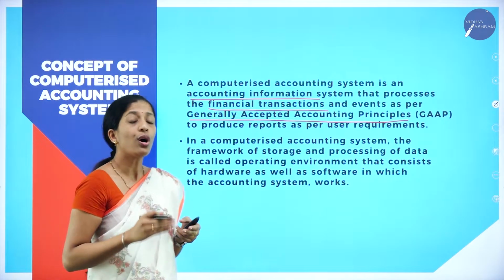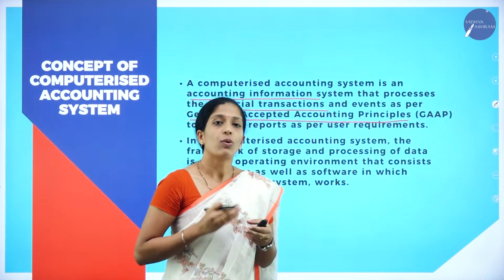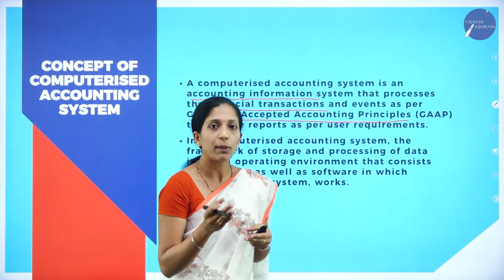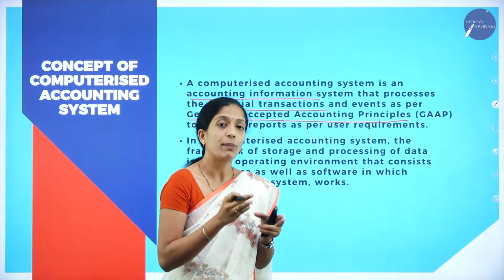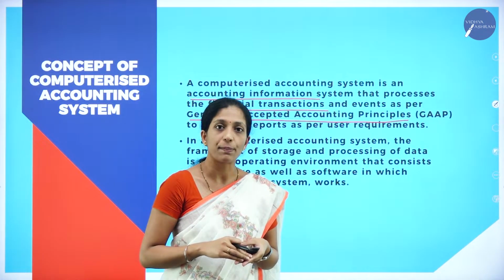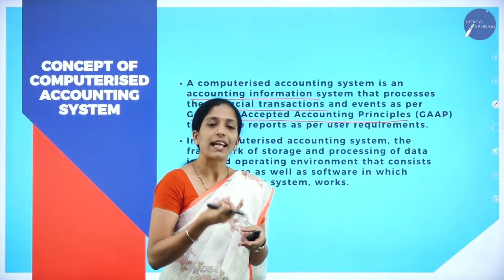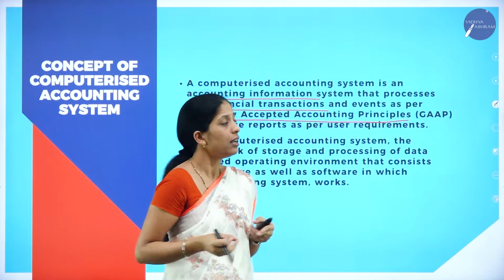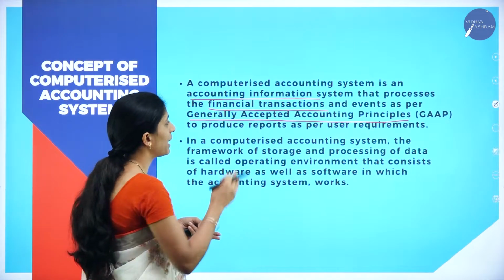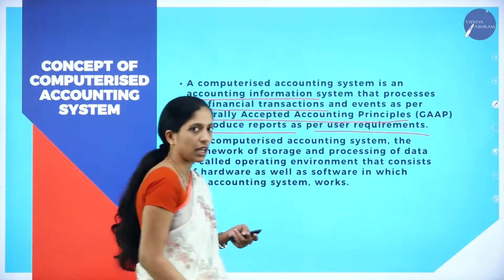Whatever data is fed by the user into the computer will be processed and recorded as per GAAP. That is, relevant accounting information can be processed from the computer by using GAAP to produce a report as per the user requirement.